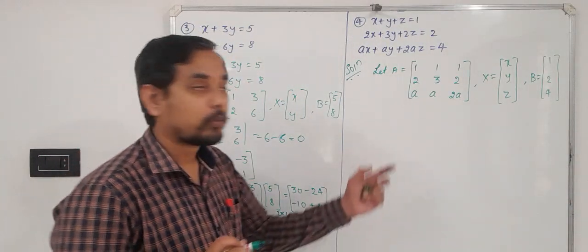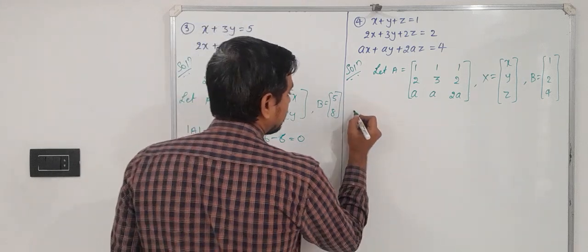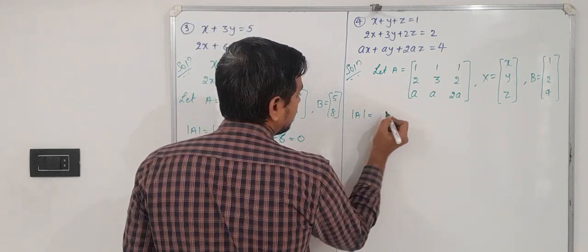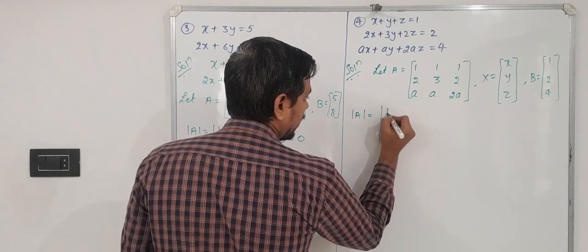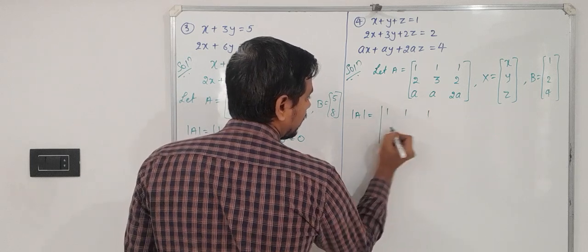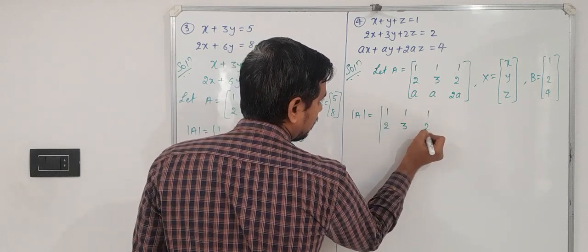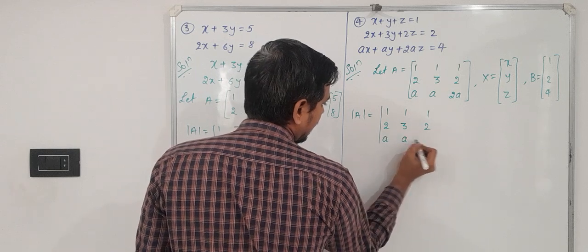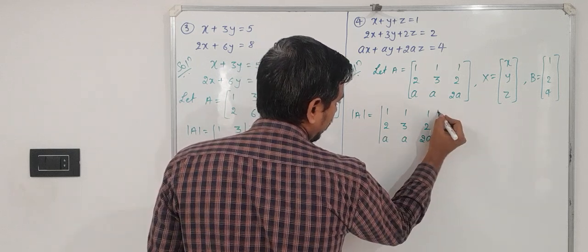So, now we are supposed to find the determinant of A. So, what is determinant of A? It is the determinant of 1, 1, 1, 2, 3, 2, a and 2a.